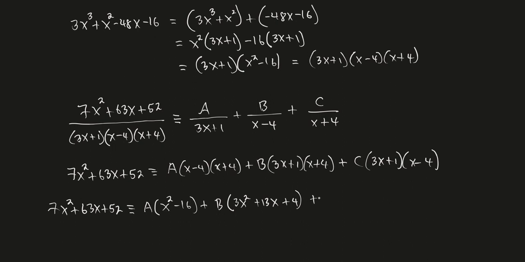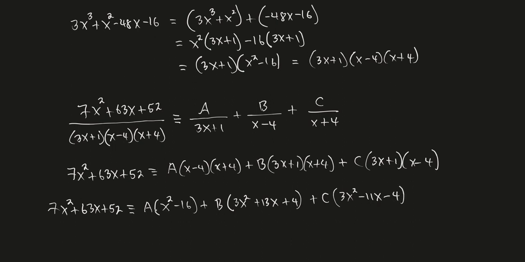And then plus c times, again expand this, I will have 3x squared, and then a minus 12x plus 1x, so that's a minus 11x, and then I'll have 1 times negative 4, so that's minus 4.